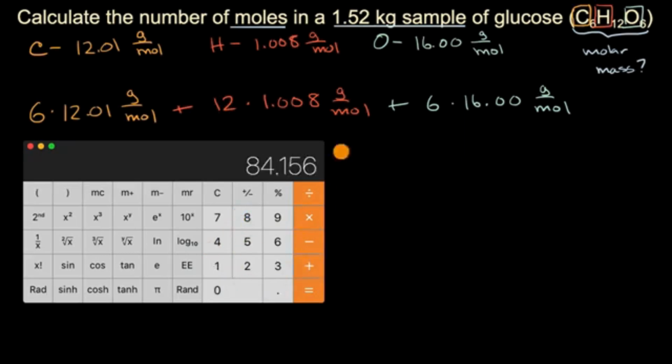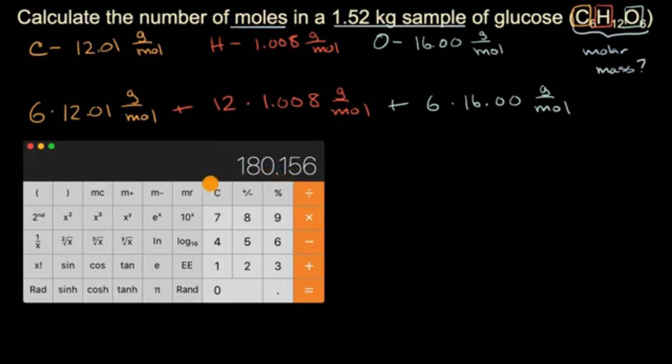1.008 plus 6 times 16 is equal to, and if we're thinking about significant figures here, the molar mass of hydrogen goes to the thousandths place, but we only go to the hundredths for carbon and for oxygen. We're adding all these up together. So it's going to be 180 point, I can only go to the hundredths place for significant figures.